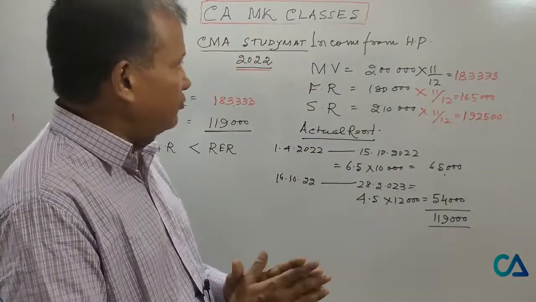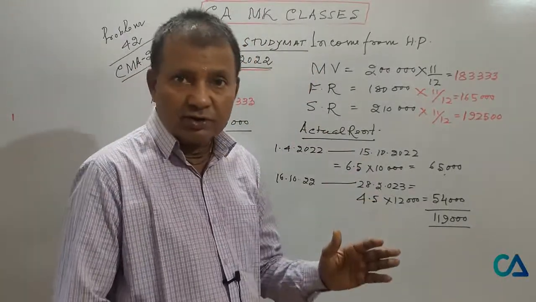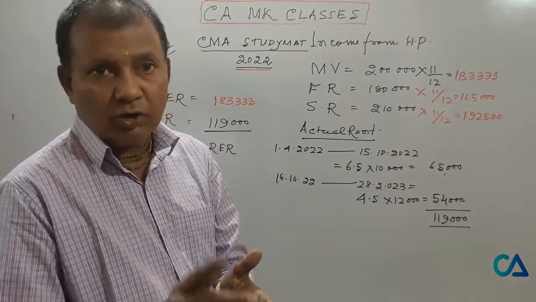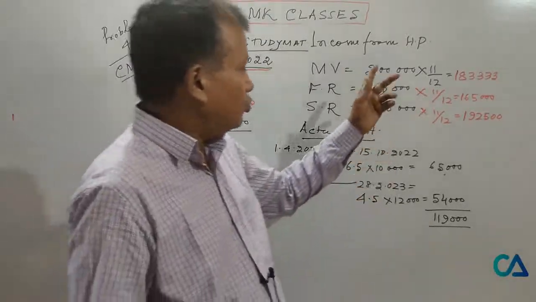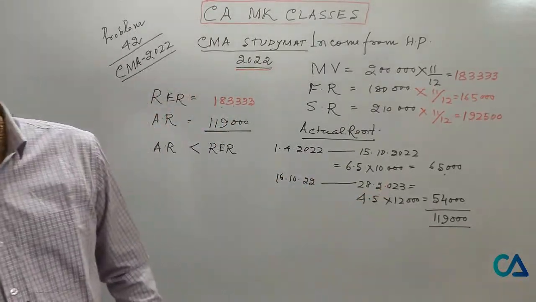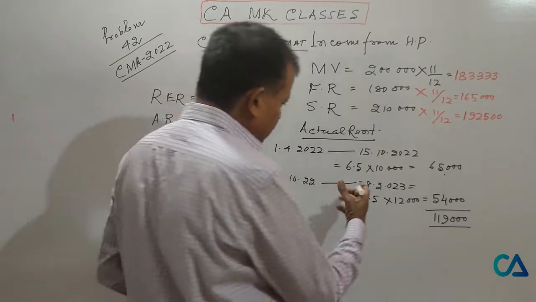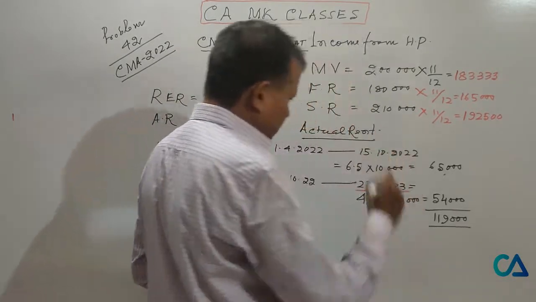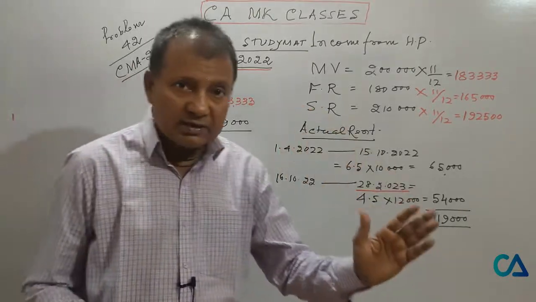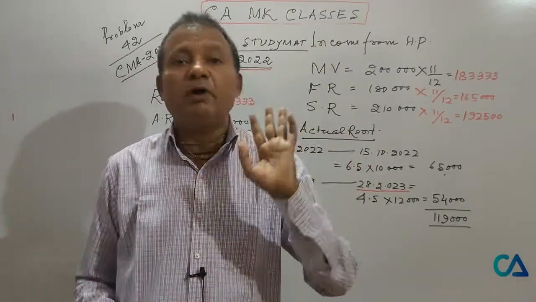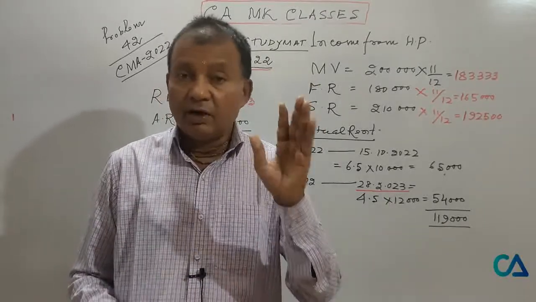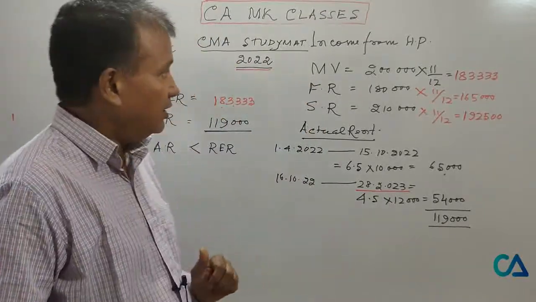X was the owner of the house from 1/4/2022 to 28/2/2023. So X was the owner for 11 months.